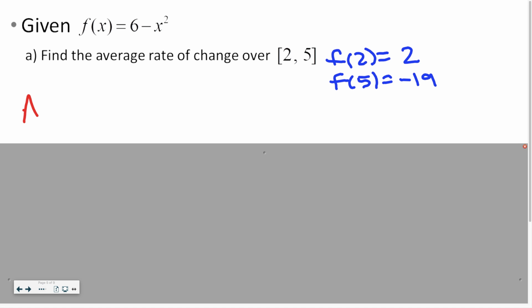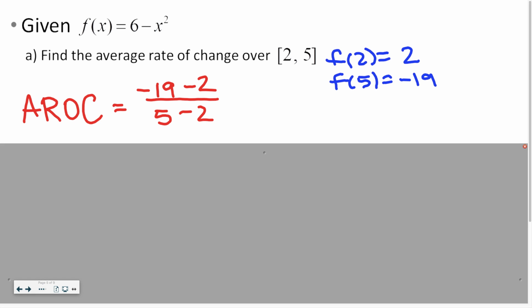So our average rate of change, okay, average rate of change, okay, would be change in y over change in x. So what, negative 21 over 3?